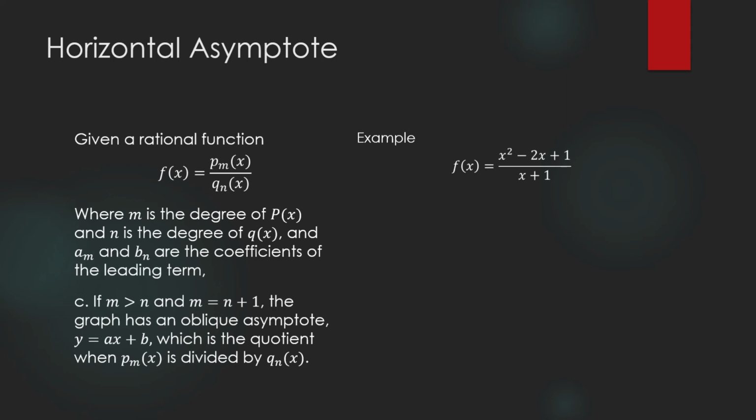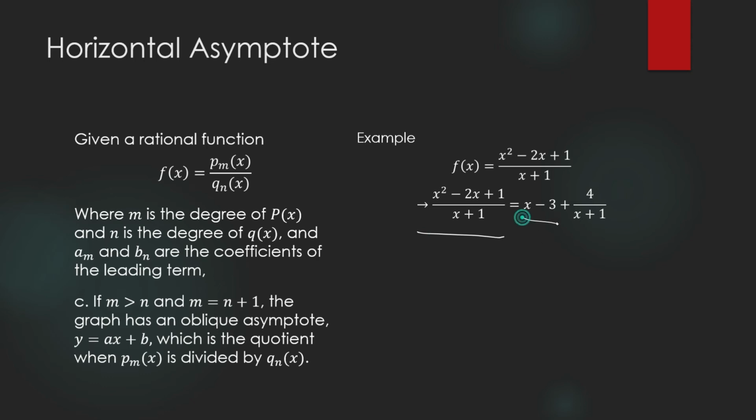So for example, this one, f of x is equal to x squared minus 2x plus 1 all over x plus 1. So here, m is equal to 2 and n is equal to 1. So let us derive the equation of your oblique asymptote. What you do is you do the division. You perform long division, and this is what you will get.